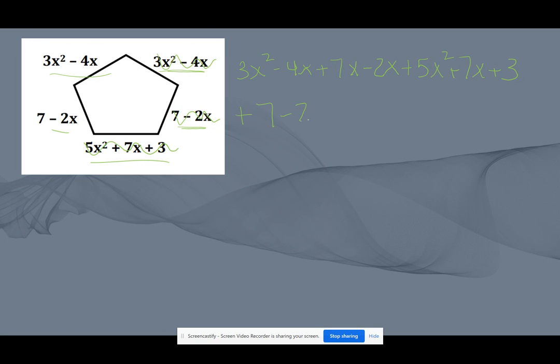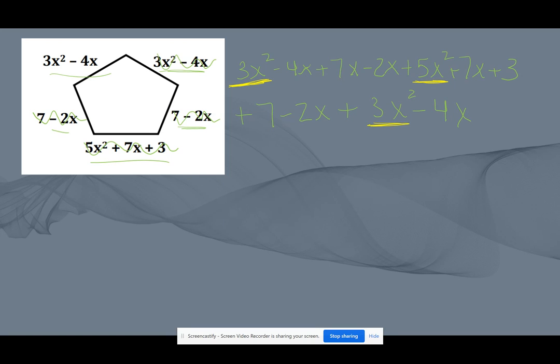Plus 7 minus 2x plus 3x squared minus 4x. So now this looks like a really long problem. So this is where it's important to underline and cross off as you're going. So I'm going to just start off with the x squareds. I see one here, I see one here, and I see one here.